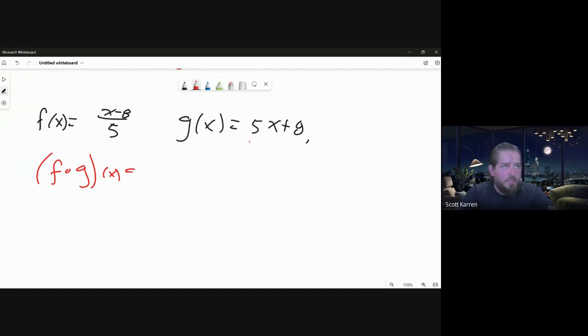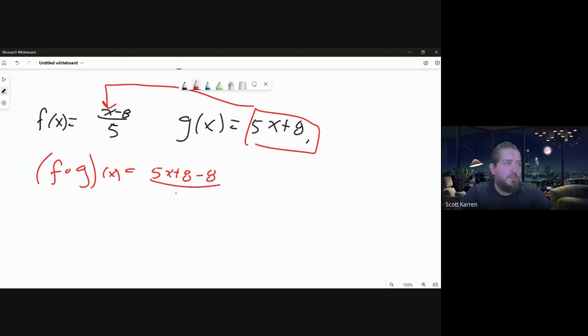So that's plugging g into f. So that is 5x plus 8 in place of the x, and then minus 8, and then over 5. But we can simplify because 8 and minus 8 cancel out. So this is the same as having just 5x over 5. But 5 over 5 is 1, so I end up with x.